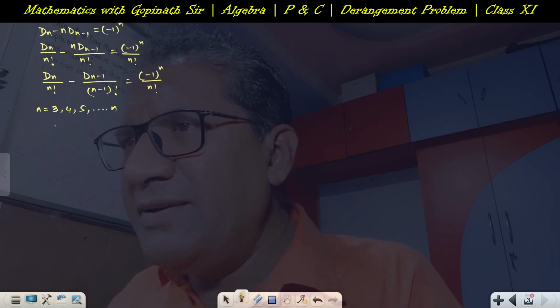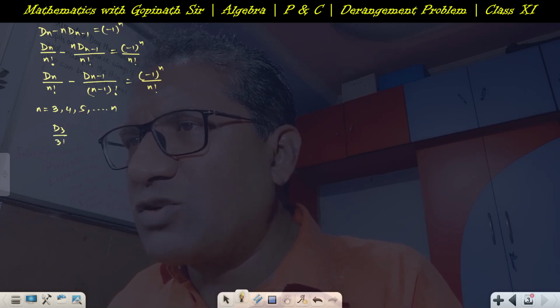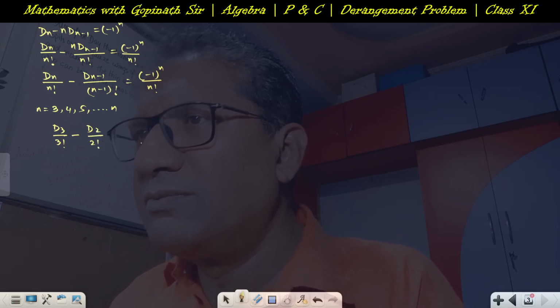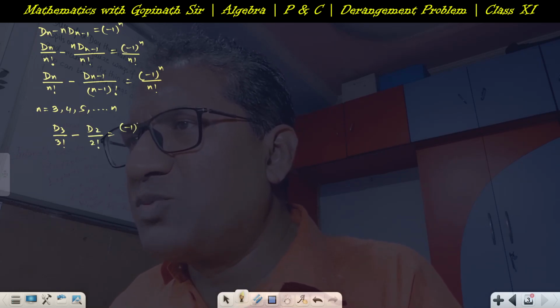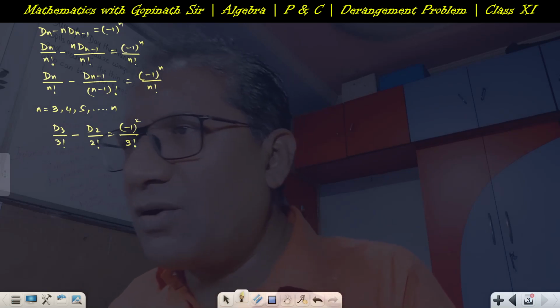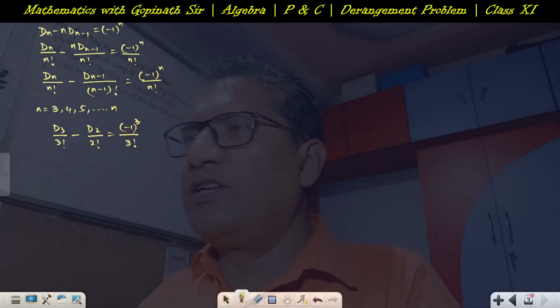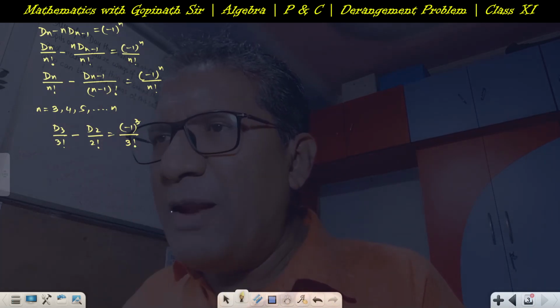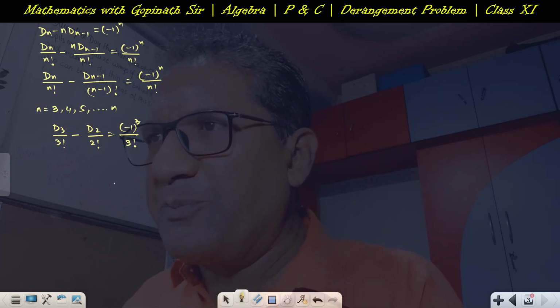So what we are getting? d3 over factorial 3 minus d2 over factorial 2 is minus 1 whole square divided by factorial 3. Am I correct? I'm sorry, this is whole cube, right? Whole cube by factorial 3, because in place of n, we are putting 3.